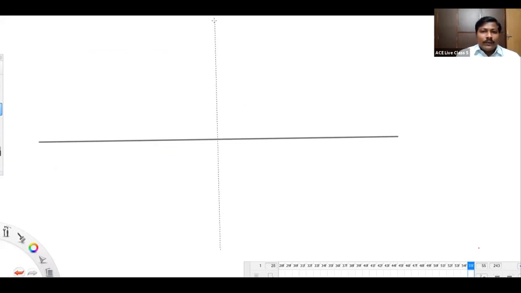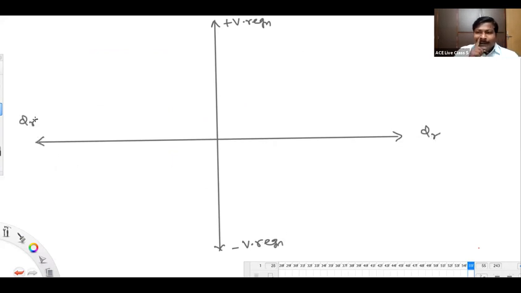You have upper side positive voltage regulation, bottom side you have the negative voltage regulation, and this side phi r angle, and this side is also phi r angle. This side I'll say lag, and this side we are saying lead. Rather than minus 90 plus 90, I'm saying lagging and leading. And you know, this point angle is 0 degree.